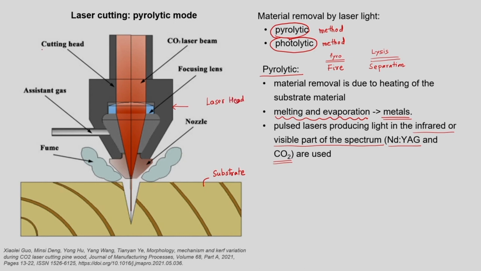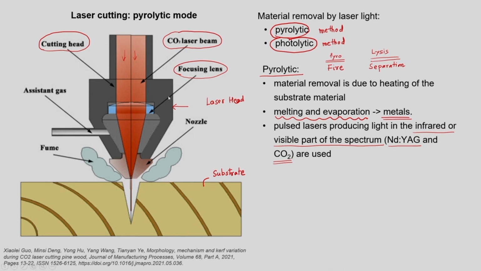It has the cutting head part and there is a focusing lens. We get the CO2 laser beam, a coherent, collimated, monochromatic beam of light from the CO2 lasing medium here.